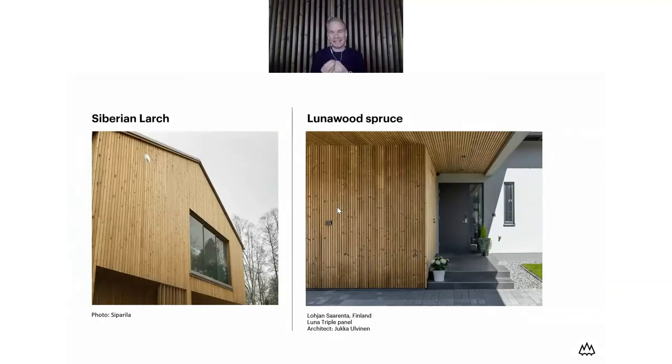For example, this triple product that is used in the project on the right-hand side, Luna Triple, has two deep grooves in one panel, so basically there are 3 patterns in the same product. When the surface has a lot of shapes, of course the knots will blend quite nicely into the product as well. But once again, no big differences. The colors are quite the same.